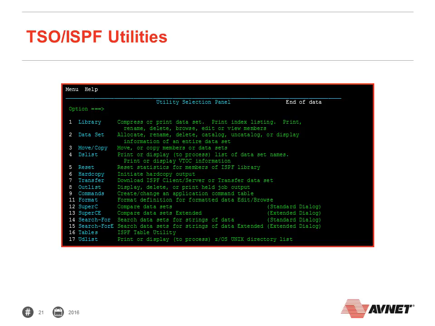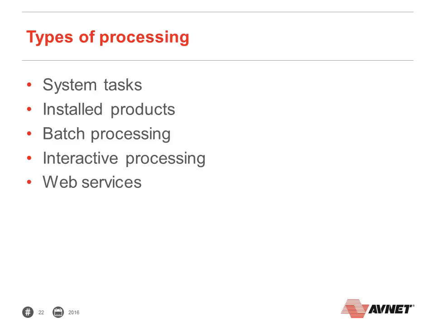In addition, we have various types of processing where we have system tasks. We're going to have installed products. We're going to have batch processing, which allows us to bulk up and do large volume transaction processing offline. We do the interactive processing with people either coming in through the web or using things like the TSO ISPF services.